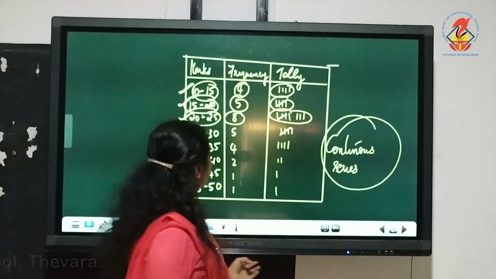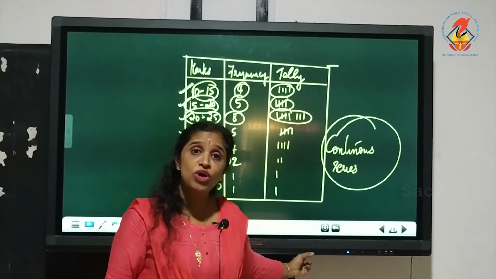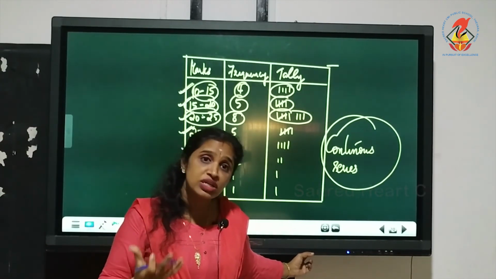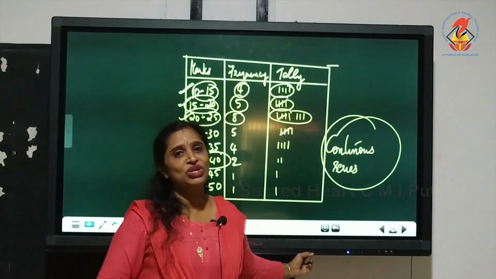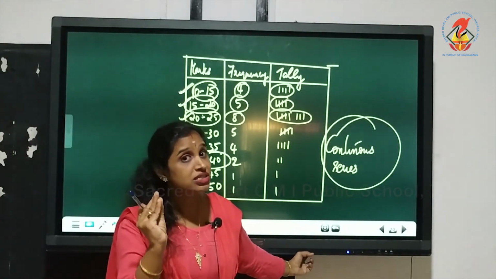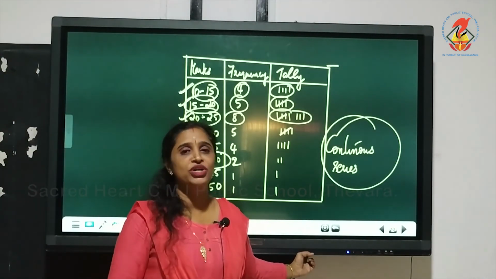I can give you the information that between 35 to 40, 2 students have secured marks, but I don't know how many students have secured 35, how many have secured 36 marks, how many have secured 40 marks. No exact values are represented. Instead, a range of values is represented. That is the feature of a continuous series.